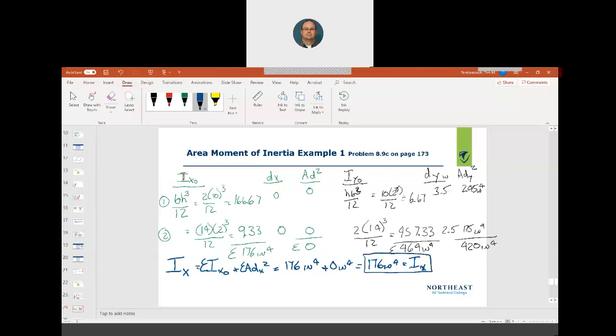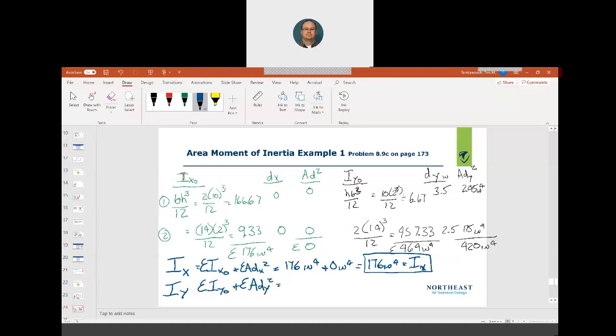The composite moment of inertia in the y direction equals the sum of the moments of inertia in the y direction of the individual components plus the sum of the areas times d, the distance in the y direction squared.